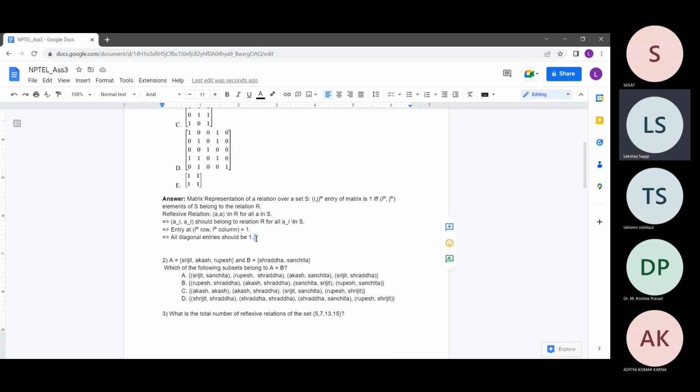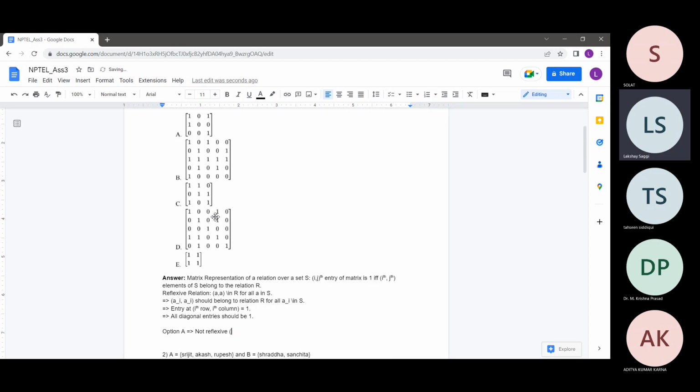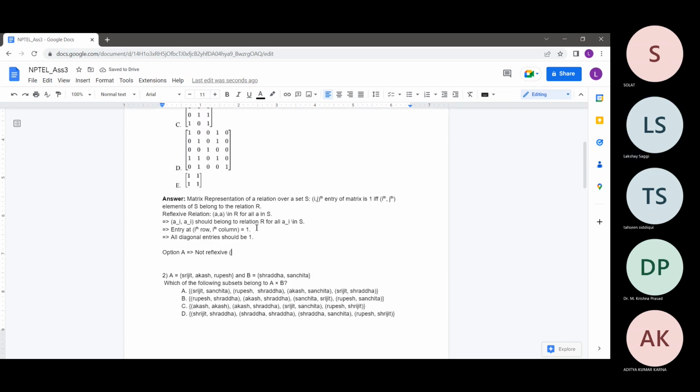So maybe I'll just type this out also. Option A: not reflexive because the second entry along the diagonal is 0.